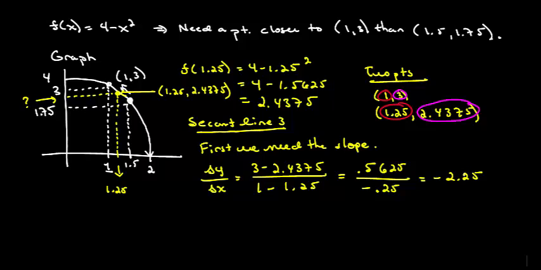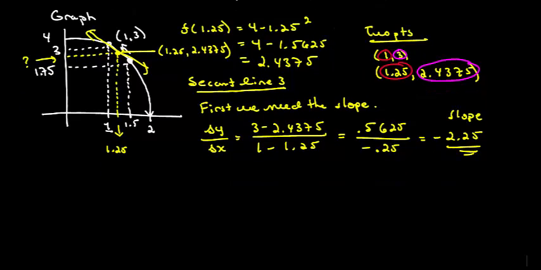So when we do the computation out, it looks like it's going to be negative 2.25. Okay, so that's the slope of that yellow line.